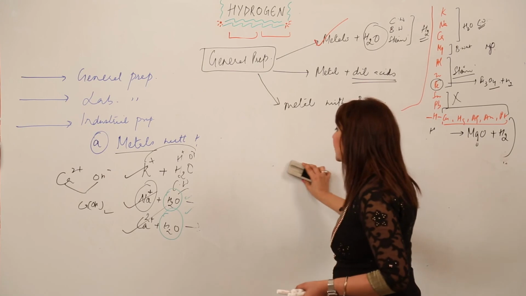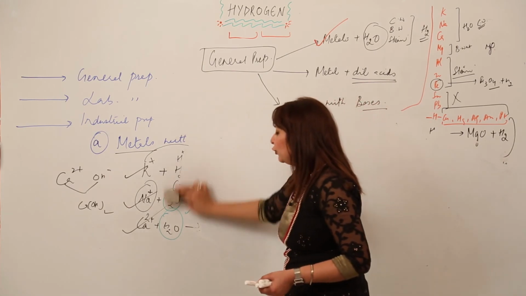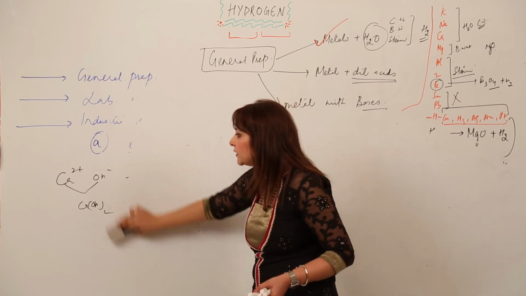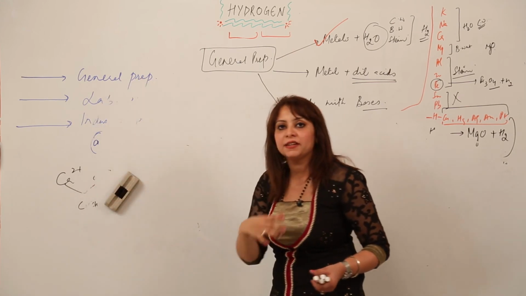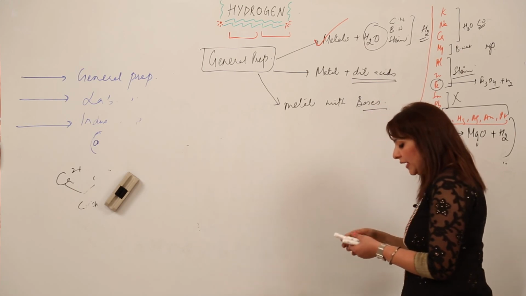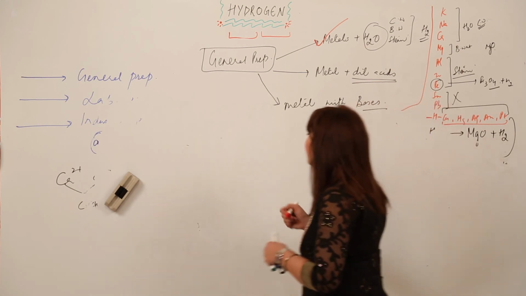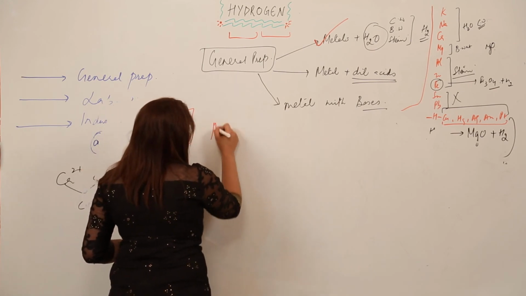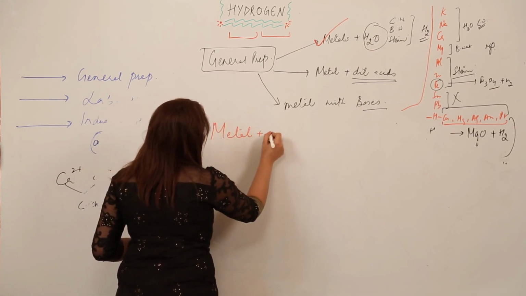Similarly in this also they will combine with the radicals, the chlorides, fluorides, bromides, leaving hydrogen aside. That means they will lead to the formation of hydrogen as well. I am stating this with an example. So the second general preparation we are studying is the reaction of metals with dilute acids.